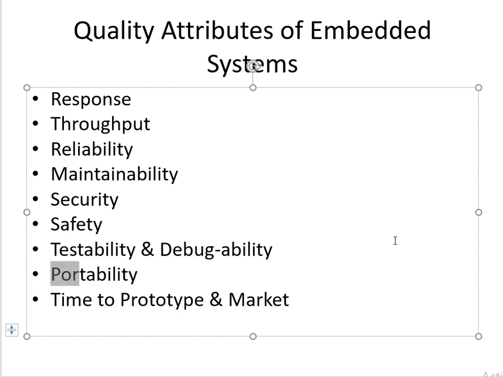The other non-operational parameter is portability. It is the measure of system independence really. An embedded product is said to be portable if the product is capable of functioning in various environments, target processor, and embedded operating system.